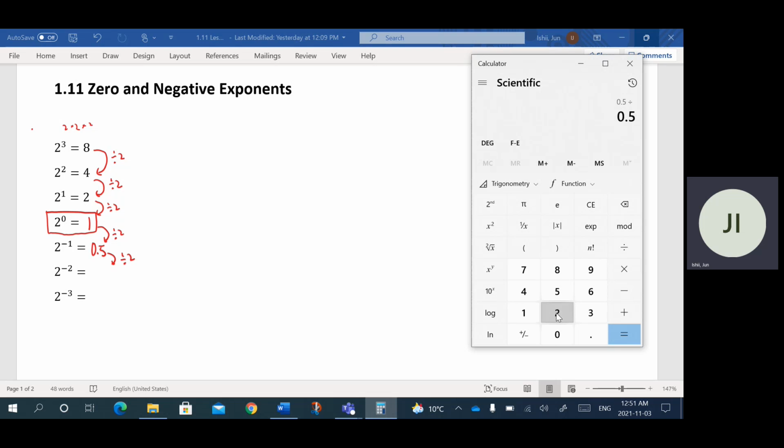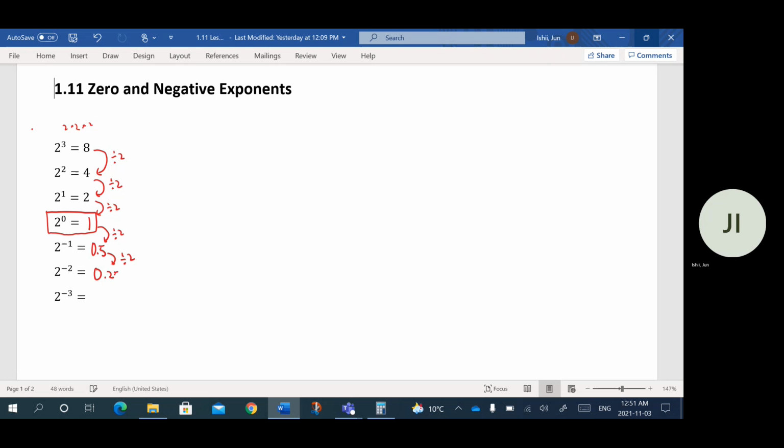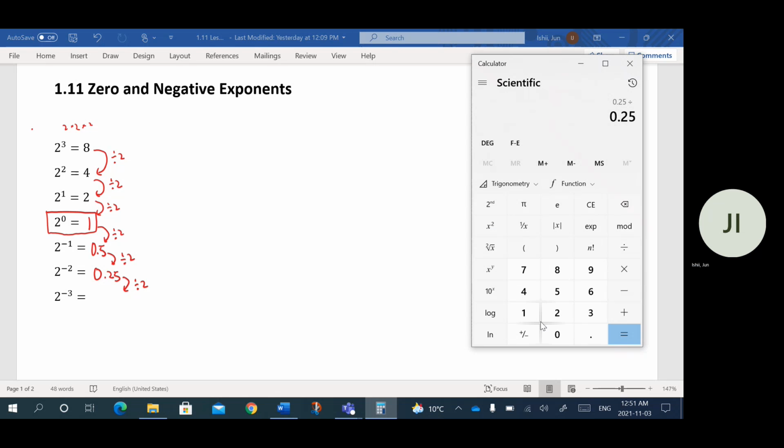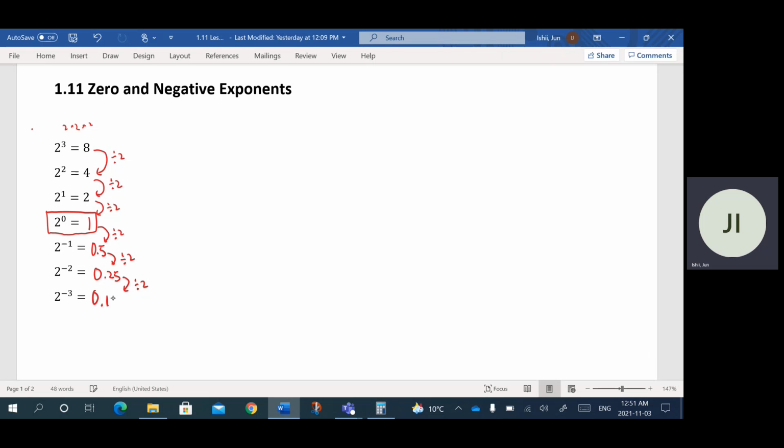If I take that and divide it by 2, that's 0.25. And if I did it one more time, 0.25 divided by 2, I get 0.125. These are all true values.